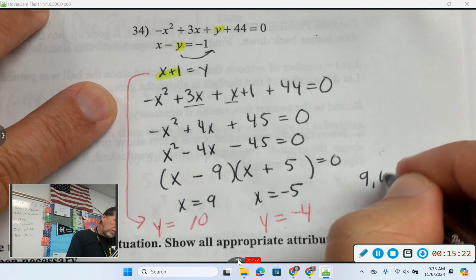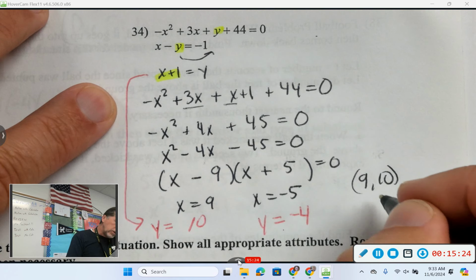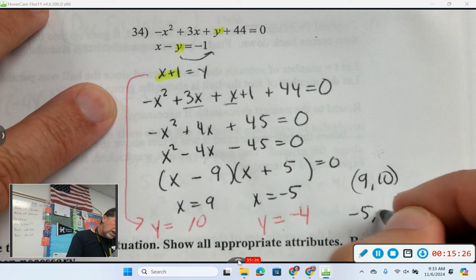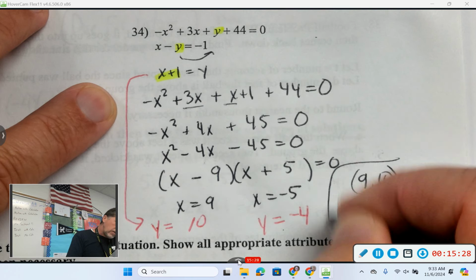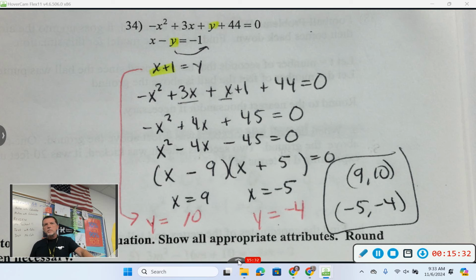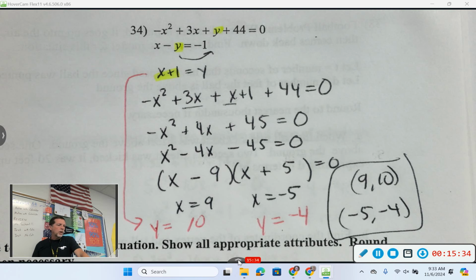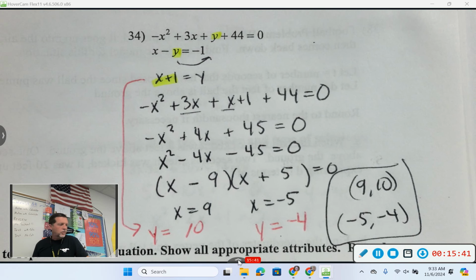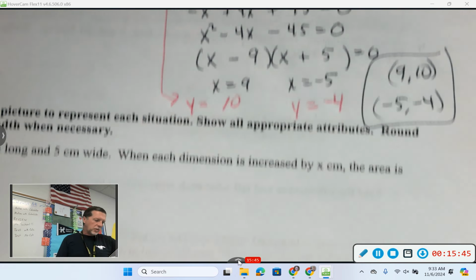And again, I want them as an ordered pair, so I know who goes with who. 9 comma 10, negative 5, negative 4. Another 2 answer problem. I think 31 and 33, one of those is one answer and one of those is no answers. But you could check the key to be sure.